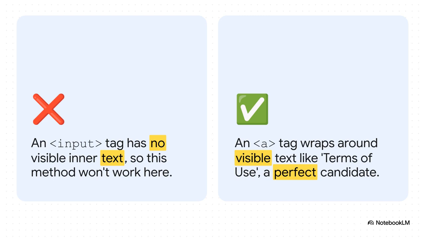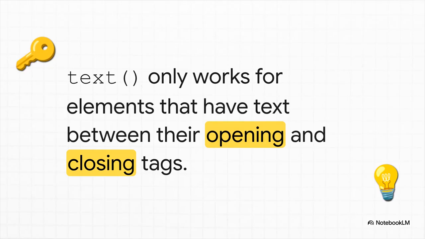But then look at the right. That A tag, it's clearly wrapping right around the words terms of use. That is a perfect target for us. And that right there, that's the golden rule you have to remember. It's so simple. If you can see text literally sandwiched between an element's HTML tags, the text method is your new best friend. If there's no text in there, you're going to have to use a different strategy.